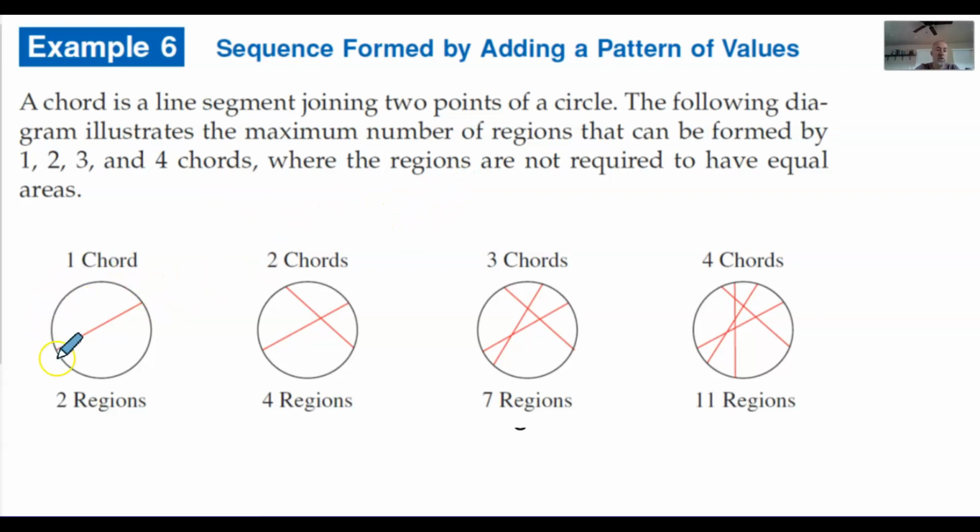So if you take a circle and draw a chord across it, it creates 2 regions. Take the same circle and draw 2 chords across it, it creates 4 regions. In the same way, 3 chords make 7 regions, and 4 chords make 11 regions.